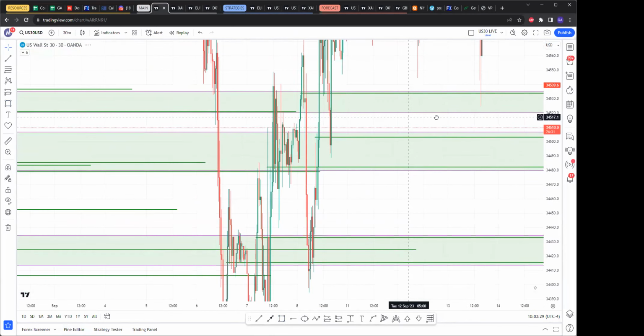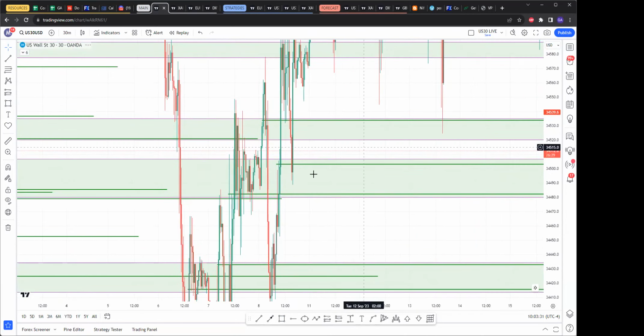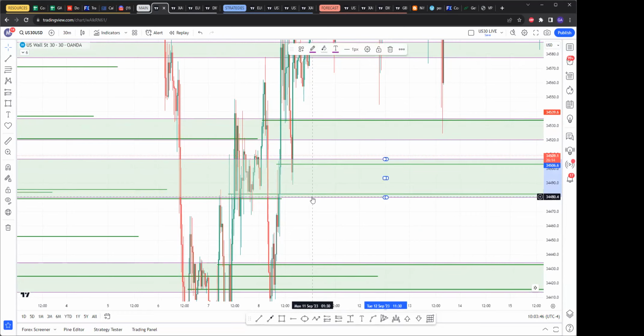This right here is 503. The bottom one is 479. So just a second, 502. Now let me redo this zone.